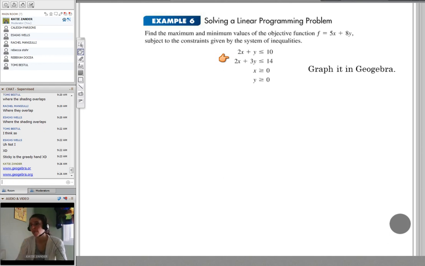Then when you click on that, use the GeoGebra Classic version. It should be the second row in the middle. Once you have GeoGebra open, just enter the 4 constraints that you see on the whiteboard there. To do the less than or equal to, remember it's just the less than on the keyboard and then the equal sign right after it. GeoGebra will change it to the inequality symbol for you.